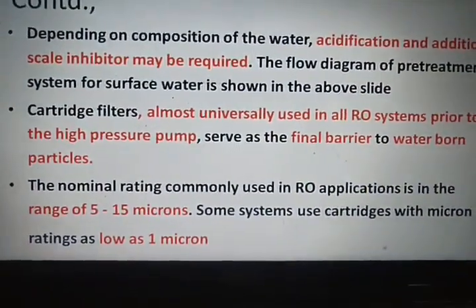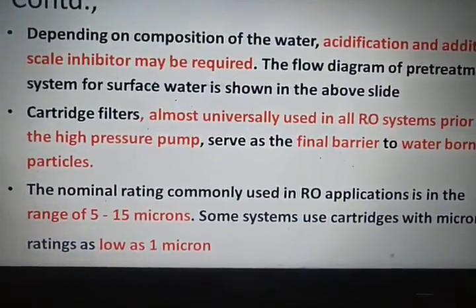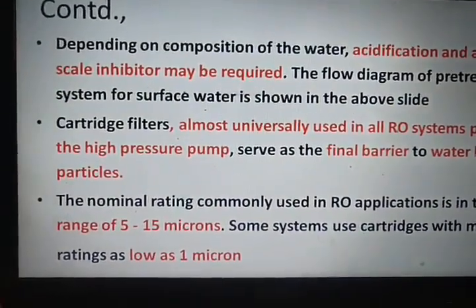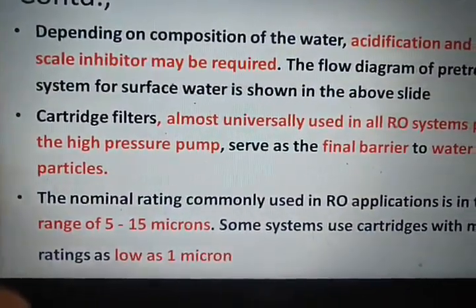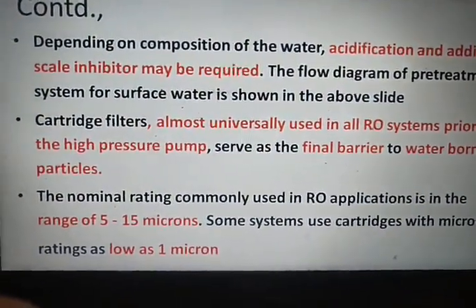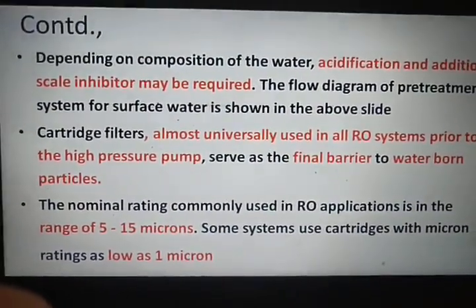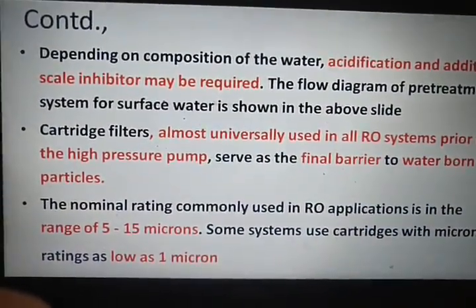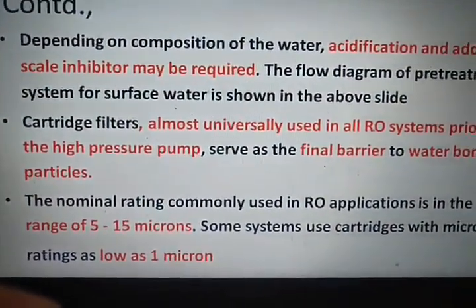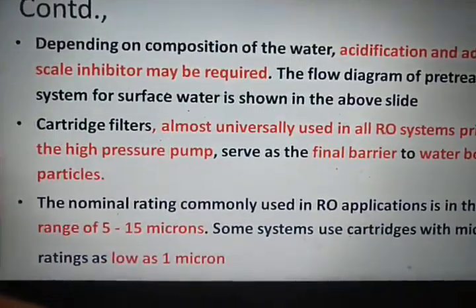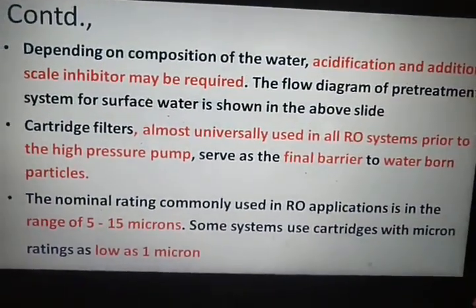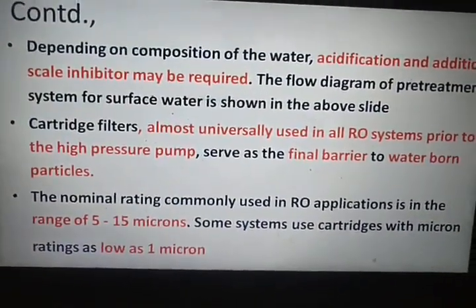Some systems also use very fine sizes, as low as 1 micron, in the cartridge filters, which we have seen in both the groundwater and surface water pre-treatment methods. These are cylindrical cartridges in which the filter membranes are placed in sizes of 5 to 15 micron or as low as 1 micron. Those are called cartridges and the system is called cartridge filters.